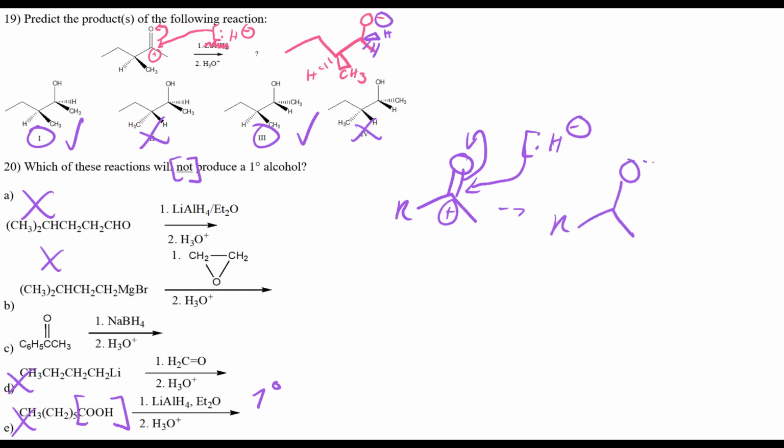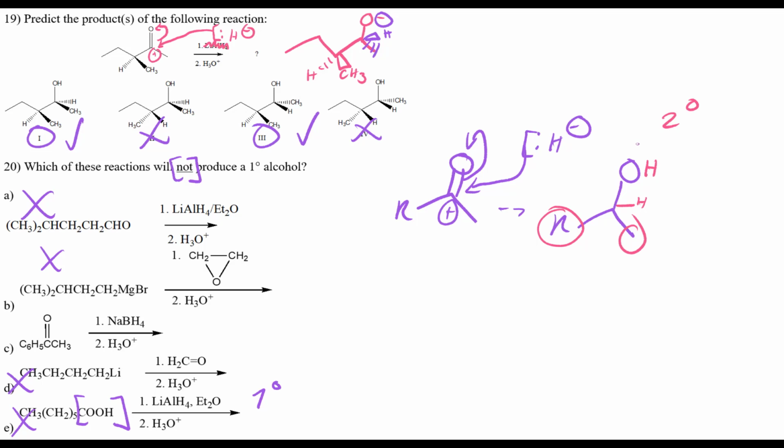We have a secondary alkoxide and an added hydrogen. Okay, and after that, we can just do an acid workup, and create an alcohol. But what's important that you should know is that this alcohol is secondary. So we have a carbon and we have another carbon. So this is actually a secondary carbon, or secondary alcohol, I should say. And therefore it doesn't produce a primary alcohol. So that is the correct answer.